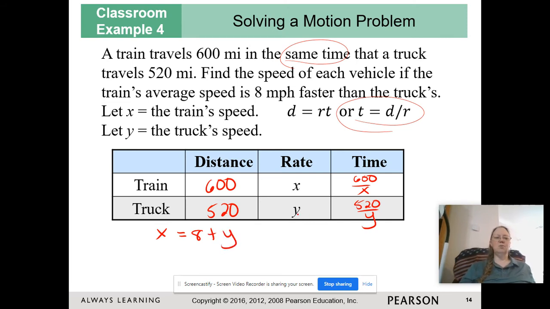And then I also know that the time is the same. So this has to equal this. So 600 over x, time is the same, 520 over y. So these are my two equations.